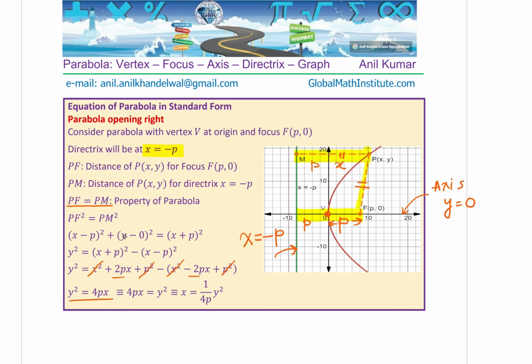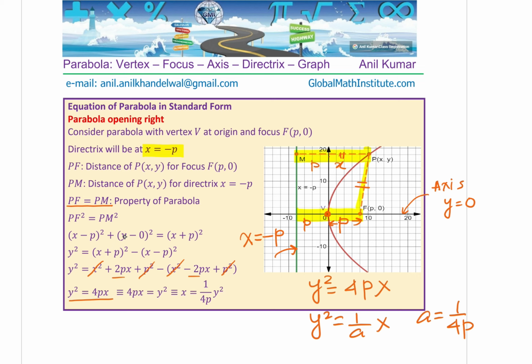So we get the equation of this particular parabola, which is y square equals 4px. As you are also aware of the general equation y equals 1 over a times x square, we can say that a equals 1 over 4p. Perfect, so that is how they are related.